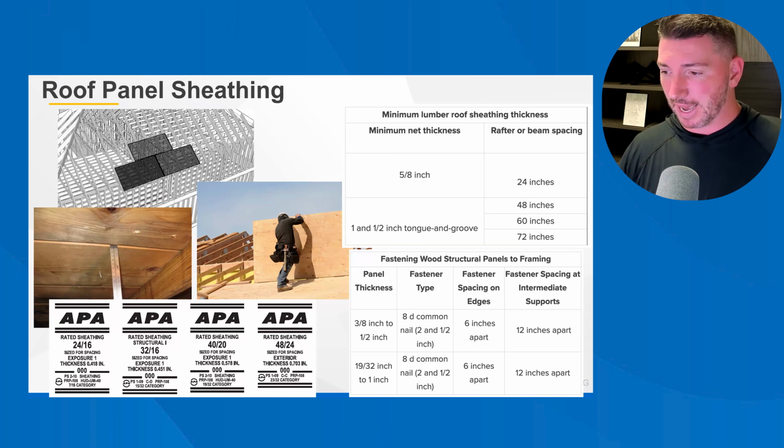But even if you see them in the attic, start with, is there a problem? And then go to, was the proper sheathing used for the application? The minimum thickness of lumber roof sheathing should conform to the table that you see below. And then there are allowable spans for wood structural panels for roof sheathing.